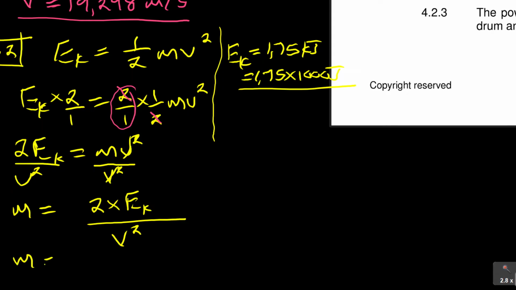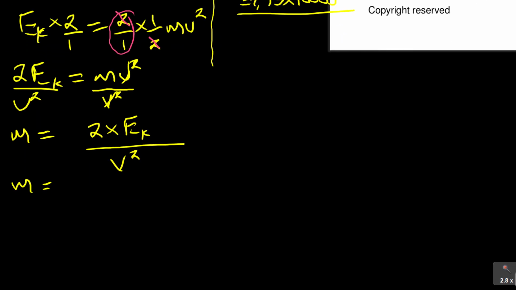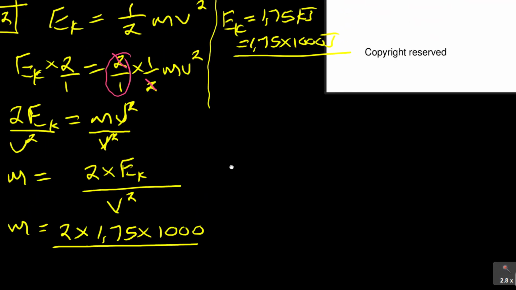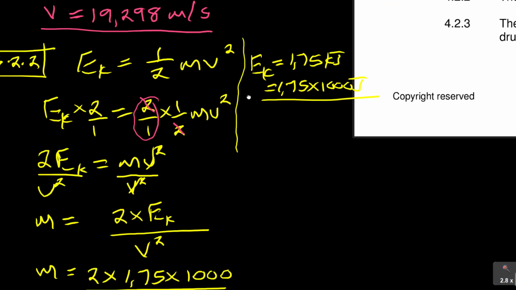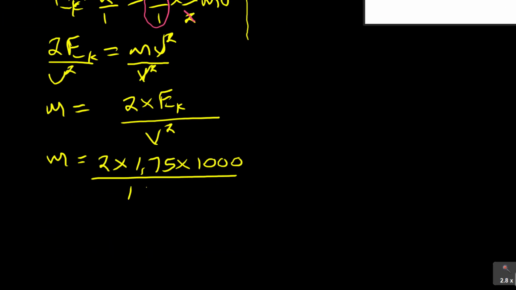Now the mass is equal to 2 times the kinetic energy, which is 1,75 times 1000, still remember, that becomes joules, over v squared. We just got our v, which was 19,298. This is squared.